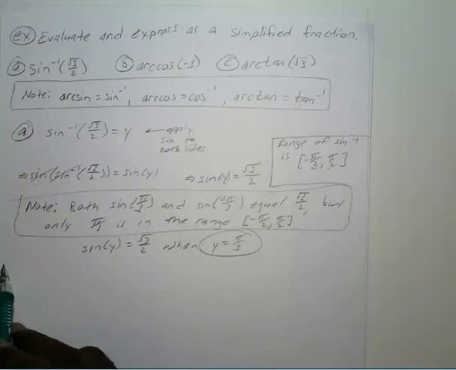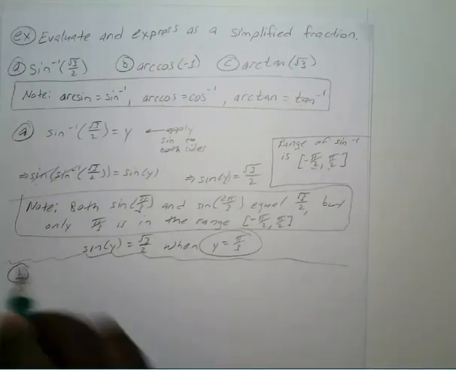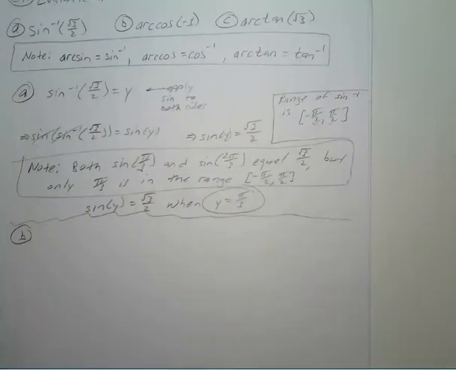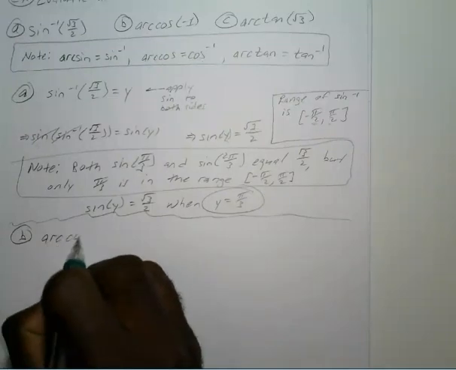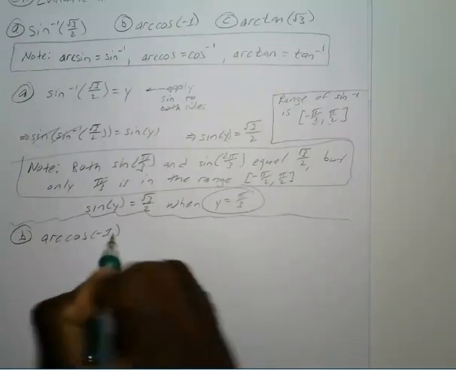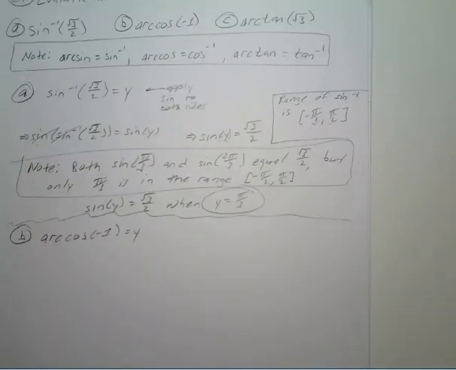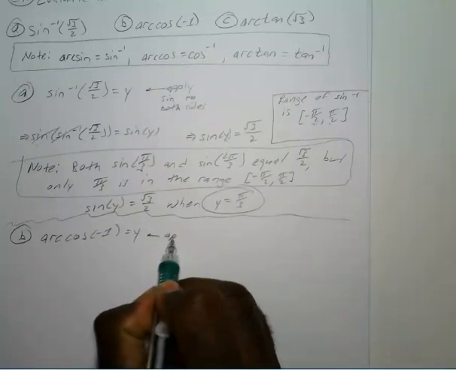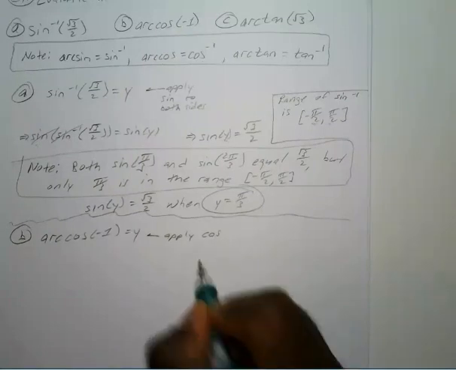All right, so let's go ahead with B. Let me move that up a little. What if we have arc cosine of negative 1, and we make that equal some y? Okay, so we're going to do the same thing we did up here, and just apply cosine to both sides.